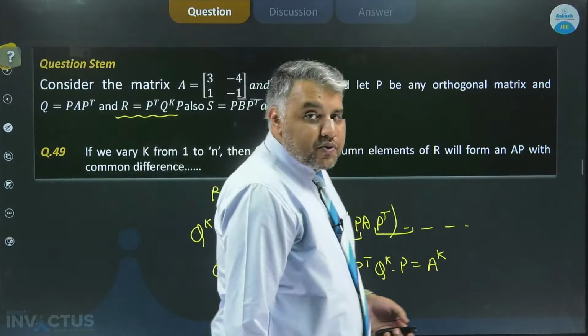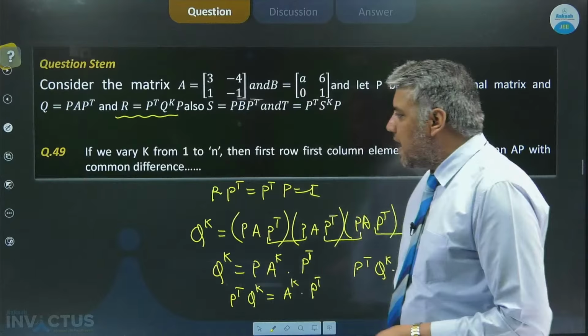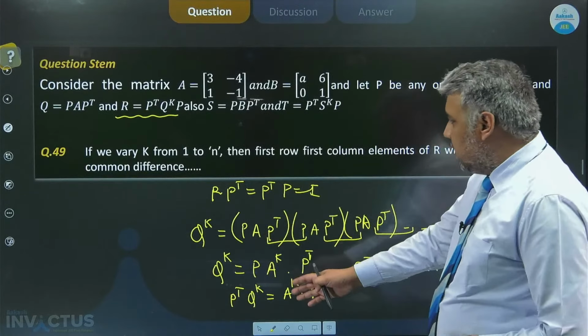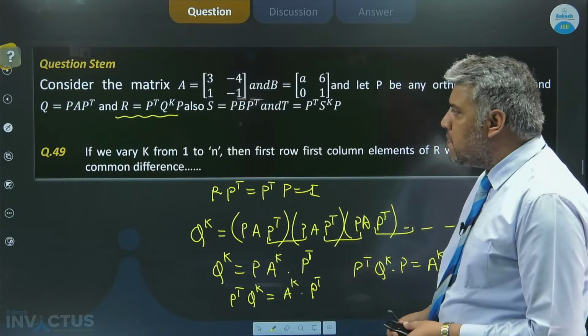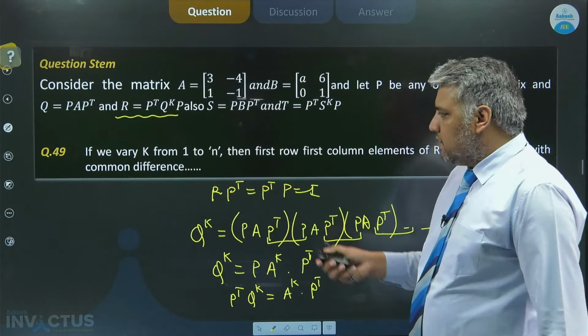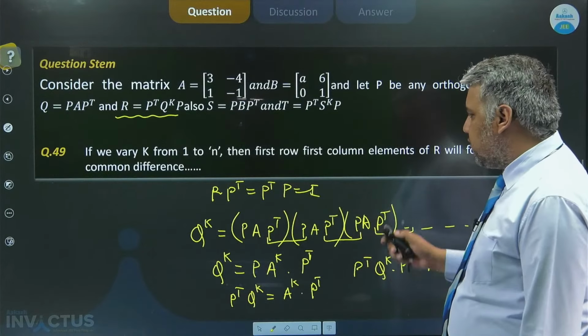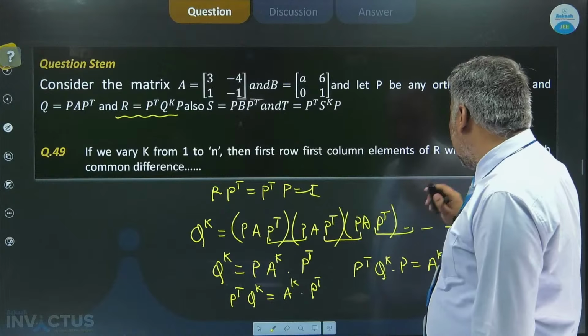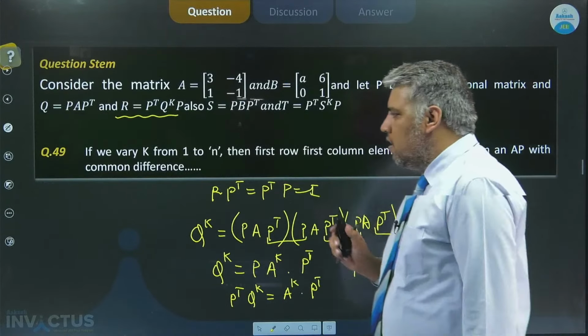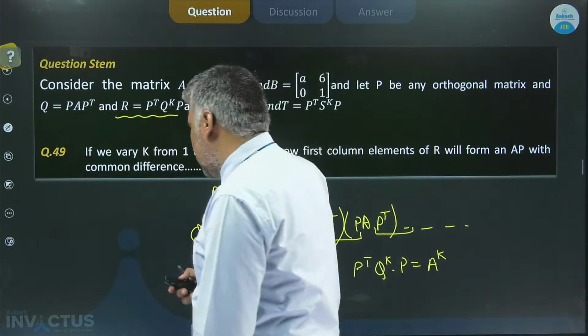So in the first question, if we vary k from 1 to n, then the first row, first column element, I mean the 1,1 position element of R, will form an AP with a common difference. We have to comment on the common difference.